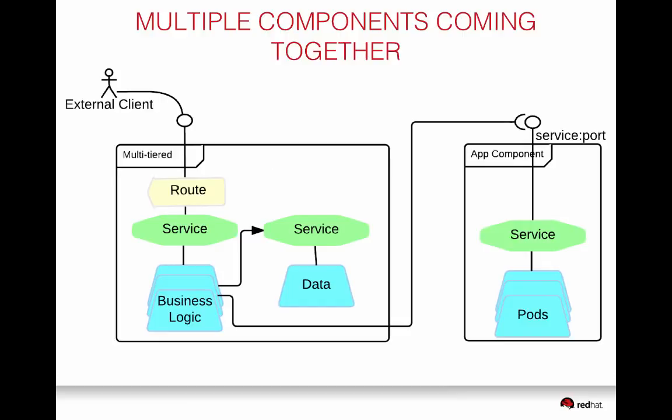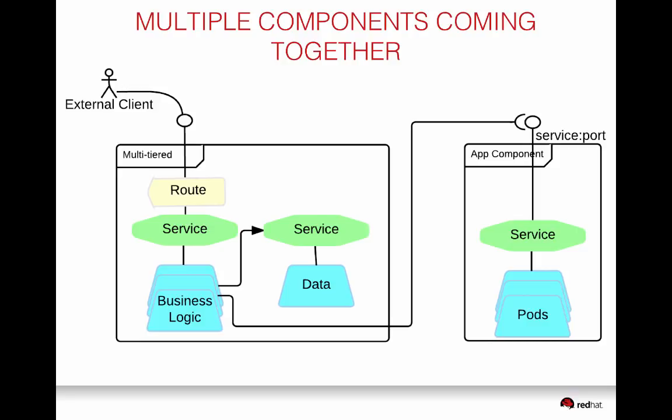Now, the next thing, you may have a set of services that are independently deployed and running, which may depend on each other. So for example, your multi-tiered application may want to use another service deployed on OpenShift, and it requires an interface to talk to that other service, and that other service exposes its own interface, right?